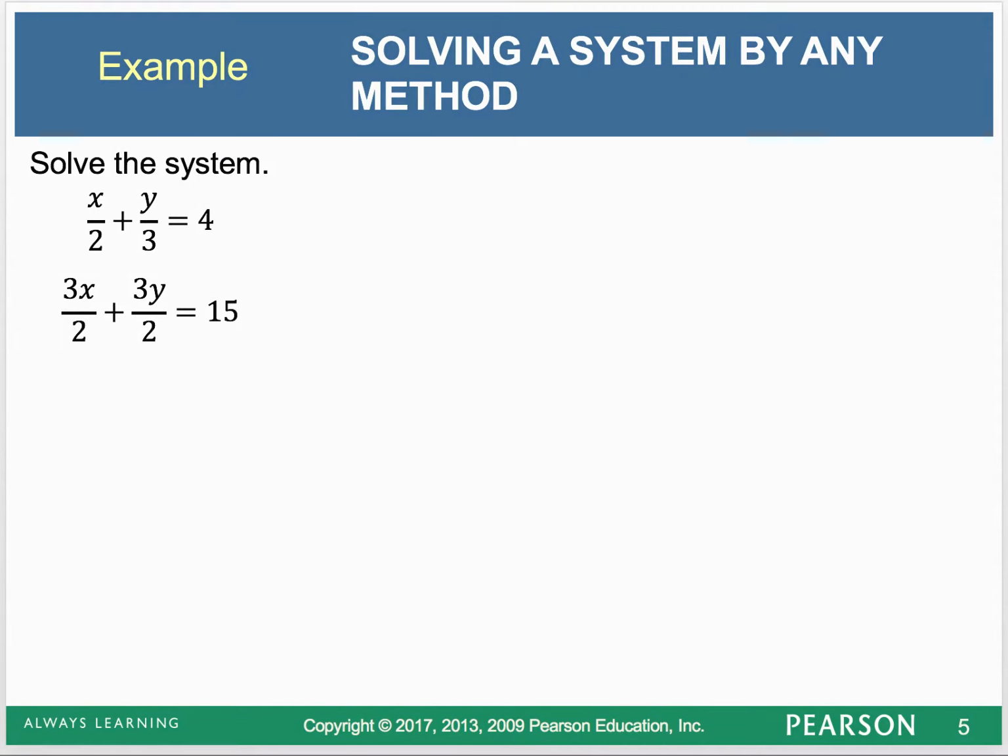Okay, what if we're given a system that looks like this? Don't even think about keeping those fractions. Remember, these are equations. Anytime we have any kind of equation, first step is let's get rid of the fractions. So to get rid of these fractions, I'm going to multiply everything by 6.